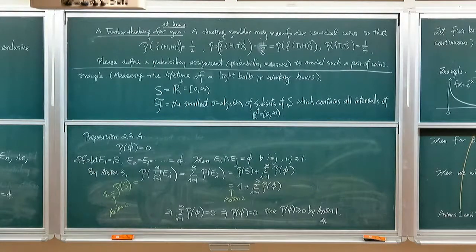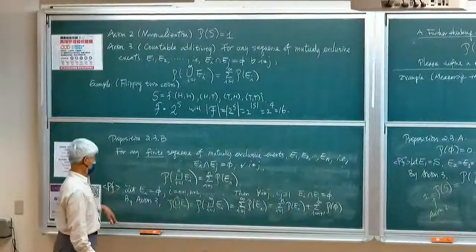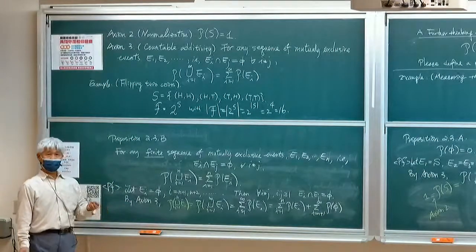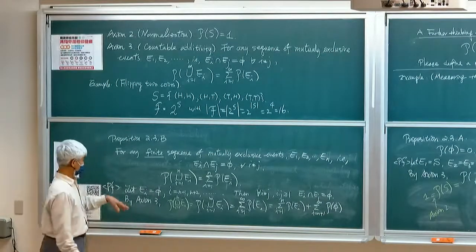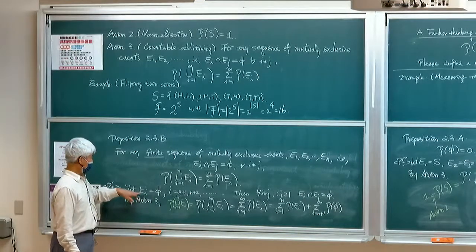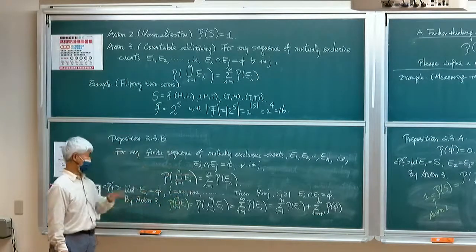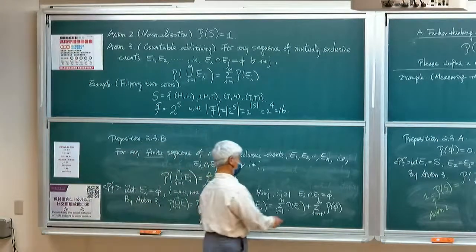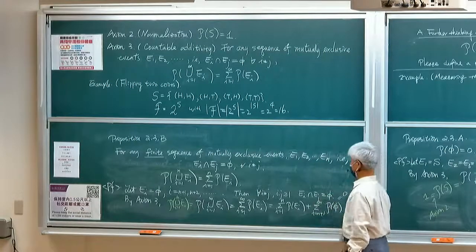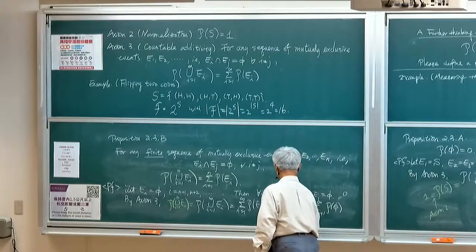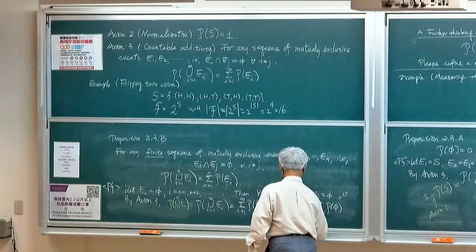Okay, so now we go back to here, because we construct a countable sequence of mutually exclusive events by inserting Ei to be the empty set for all i from n plus 1 onward. Because the probability of the empty set is equal to 0, the extra sum is 0, and we have done.